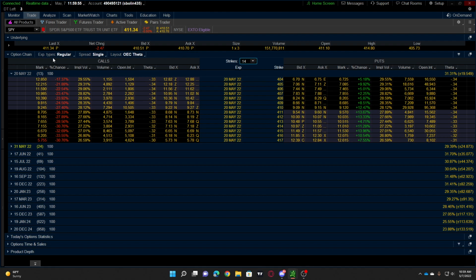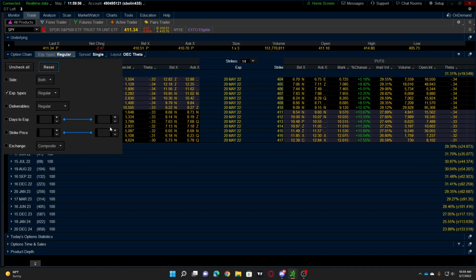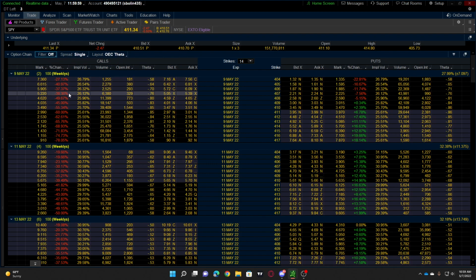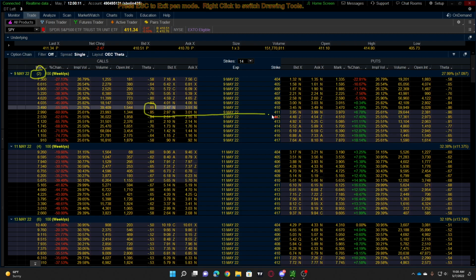All right, so I'm going to get rid of the filter now, and we're going to look at these options very, very close to expiration. These options have 2 days to expire, and their theta value, the greatest theta value, is 1 strike in and 1 strike out of the money, and it's at 85 theta. 85 theta.